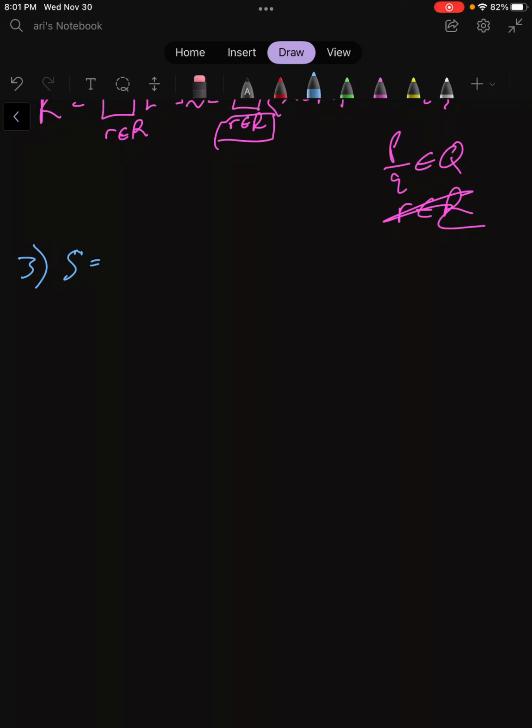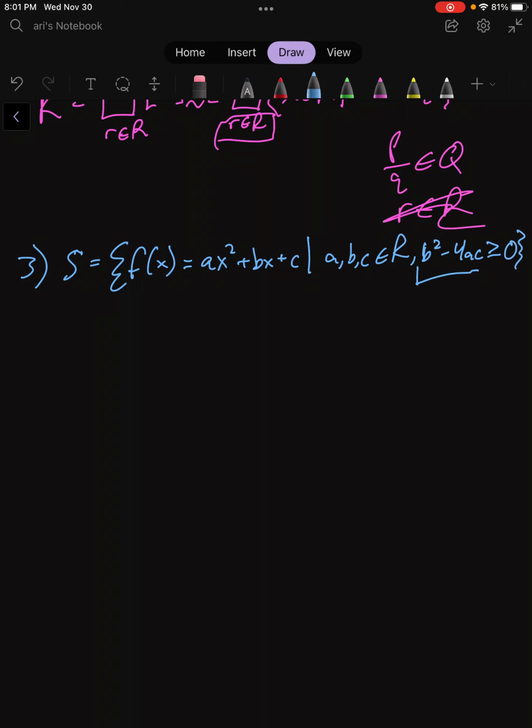S equals, now, some of you guys in class had a bit of trouble understanding this one, so I'm going to talk for a minute about this. ax squared plus bx plus c given a, b, and c are real and b squared minus 4ac is greater than or equal to 0. This is called the discriminant.